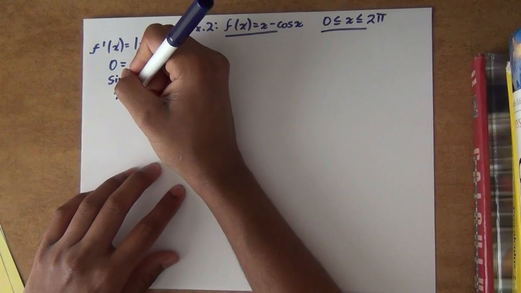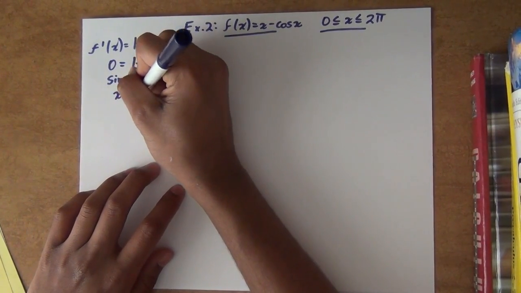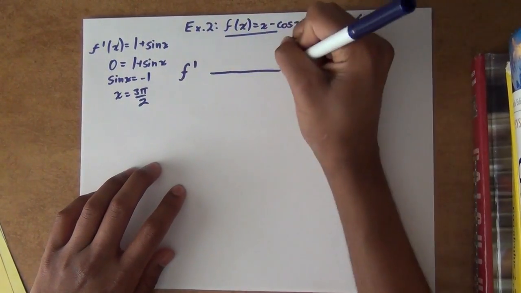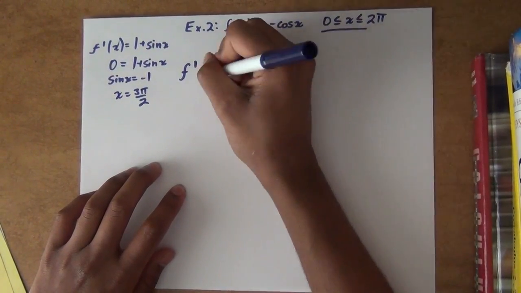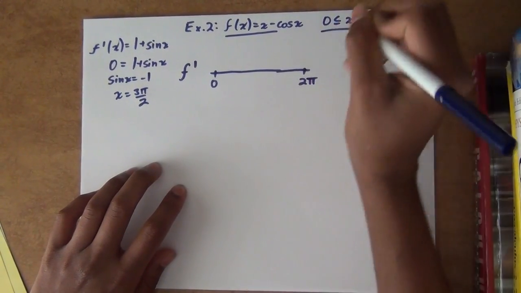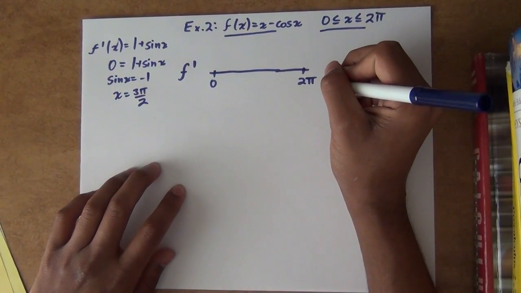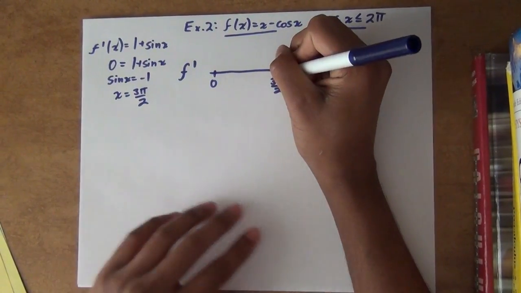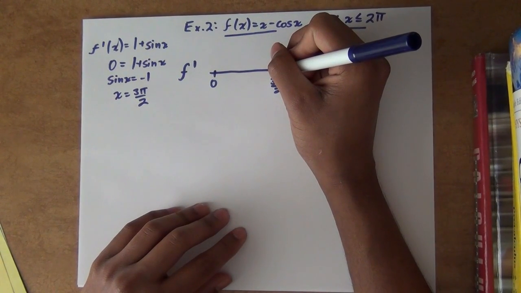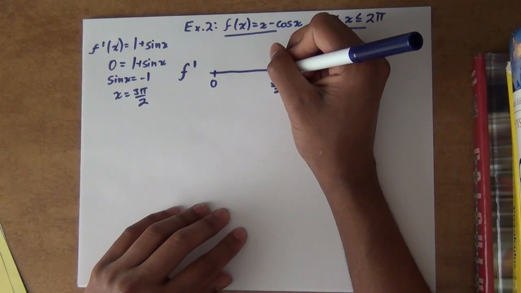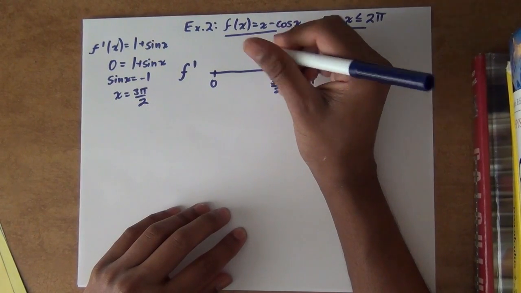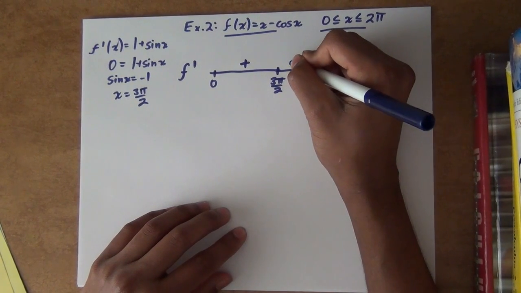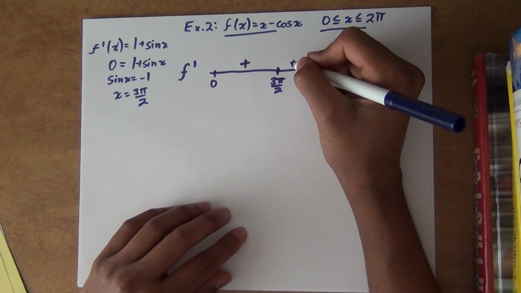Okay, so that's 3 pi over 2, and just like last time, do our first derivative test, and we just include the endpoints of our interval if they are given. So 3 pi over 2 is going to be about right there, and we can see that if you substitute a value between this, the function is going to be positive in between 0 and 3 pi over 2, and it's also going to be positive from 3 pi over 2 to 2 pi.